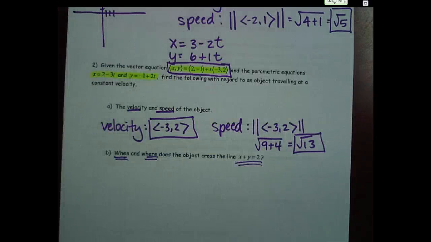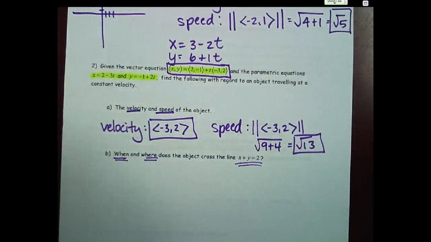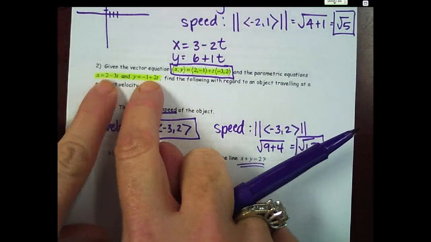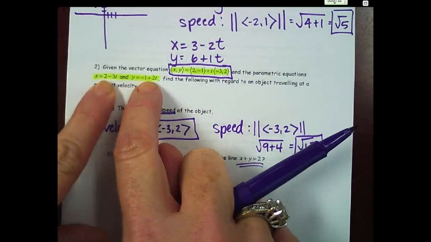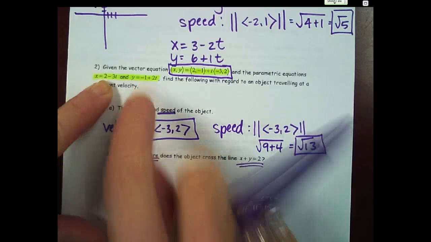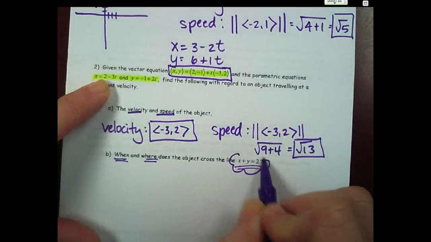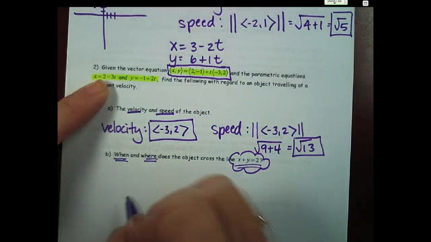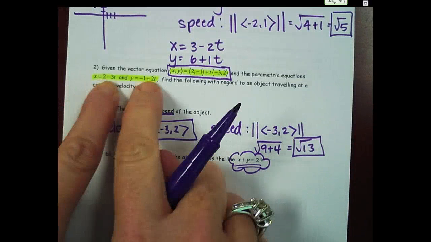Now, I'm asking when and where. So the way you do this is, when is time, isn't it? Which of these things is put in terms of time? Where do we deal with time? We dealt with time right here on the parametric equations, right? So if I want to find time, then you take this and plug in these two things instead.